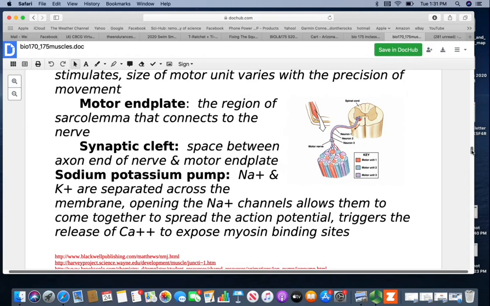So that is going to be what spreads the action potential. When it does, it's going to trigger the release of calcium. That will expose the myosin binding sites and then allow the myosin to grab on to the actin and shorten the muscle.